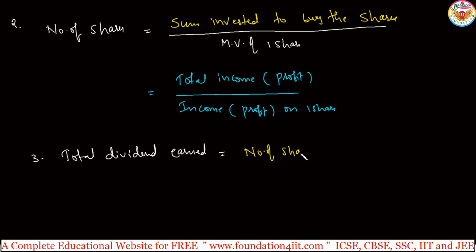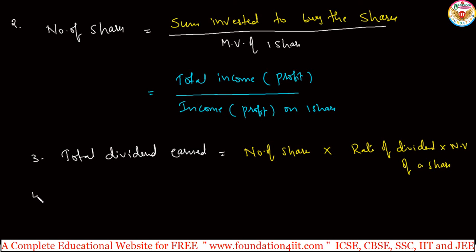So number of shares into rate of dividend into nominal value of one share, because the dividend depends only on the nominal value. Rate of dividend, if it is 5%, 10%, they'll mention in the question. One share profit into number of shares is the total dividend earned.